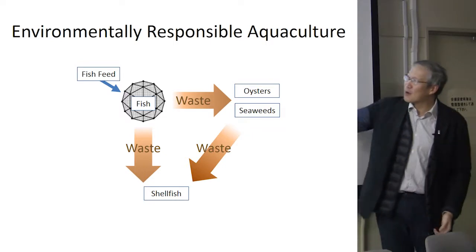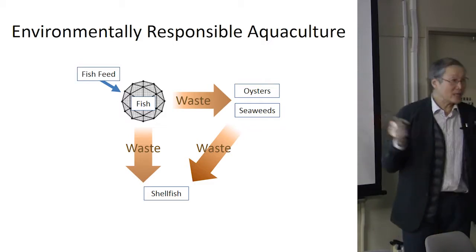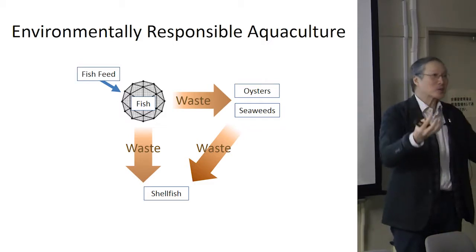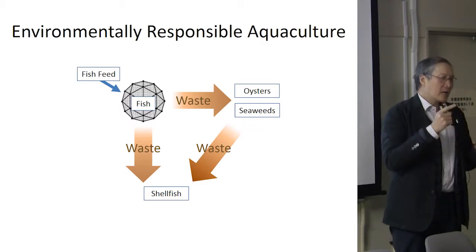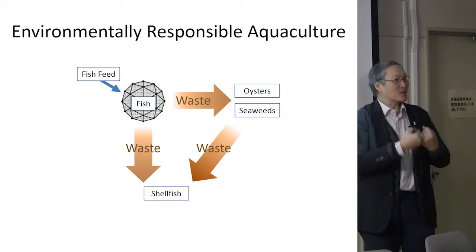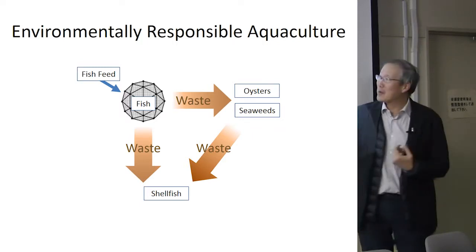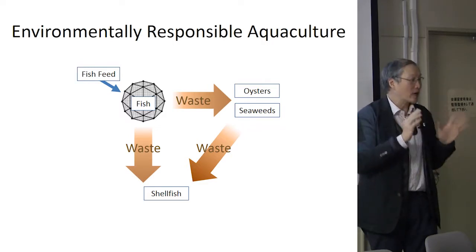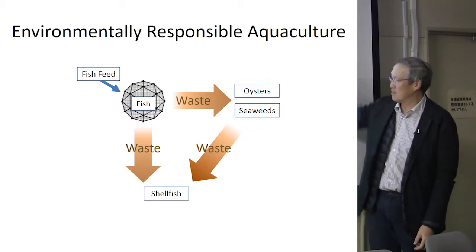And some of these brown waste can also go here, and this is seaweed culture. Seaweed can also absorb some of this waste. By absorbing the waste, the seaweed are happy because the waste is their food. At the same time, the marine environment will be cleaner because many of these wastes are absorbed.